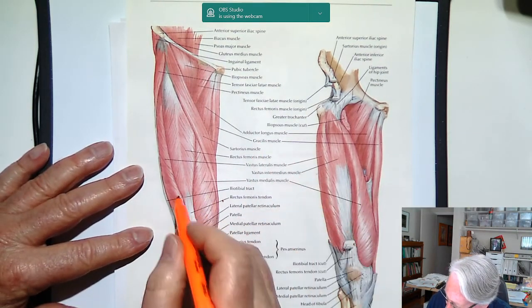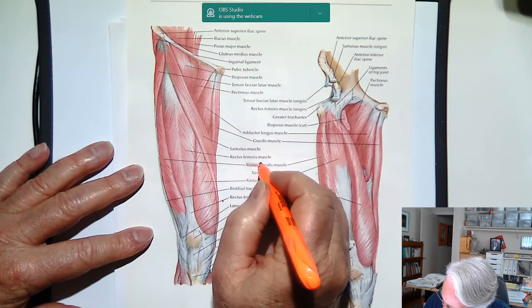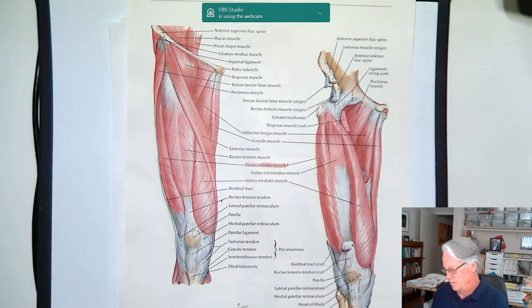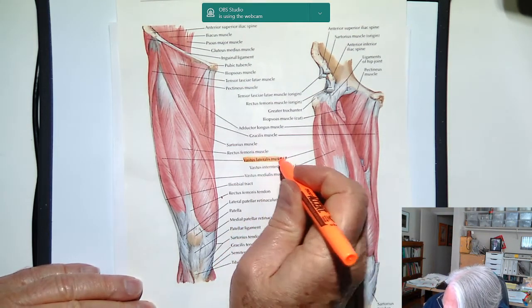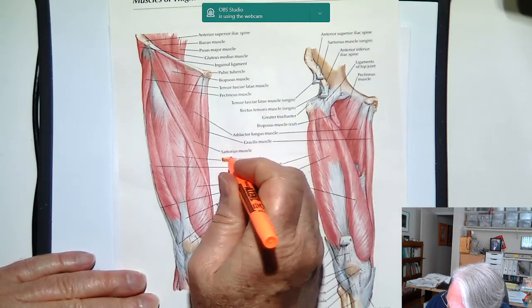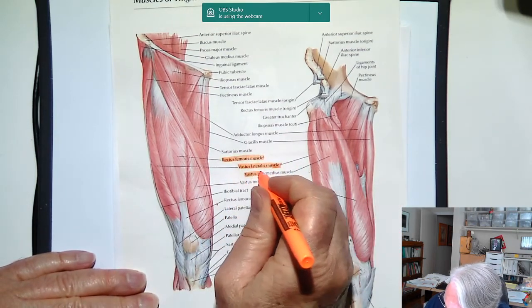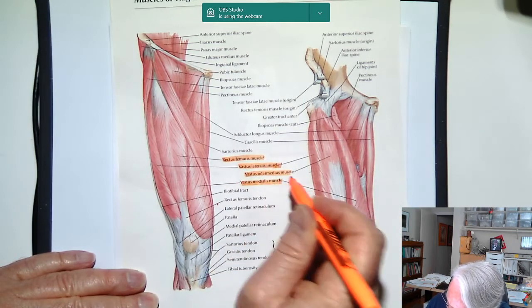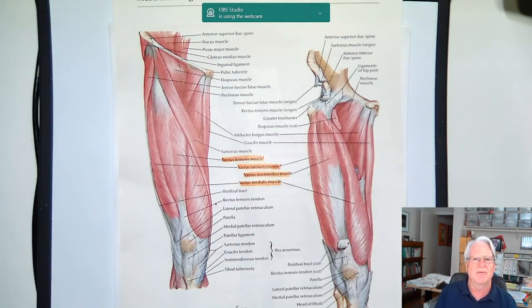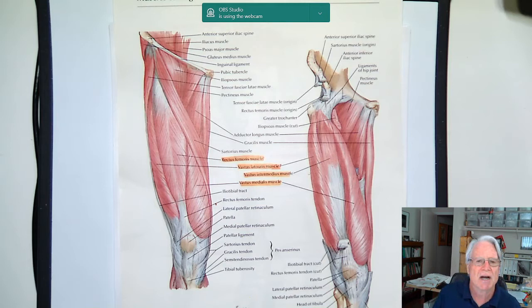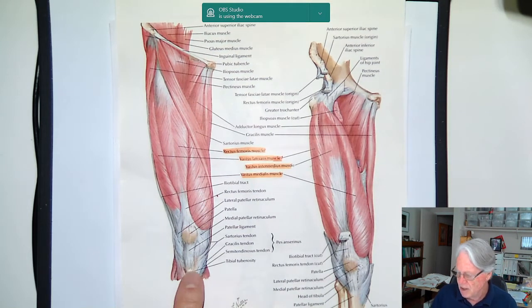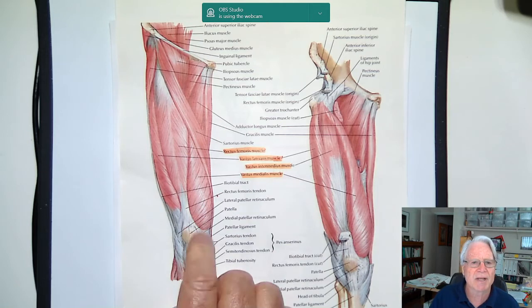Starting over here, we have vastus lateralis, rectus femoris, vastus intermedius, and vastus medialis. These are the big four muscles on the anterior portion of the upper leg, and they all insert at the same location, the tibial tuberosity. So they're really acting as a unit.